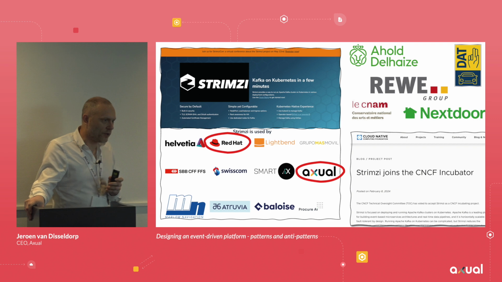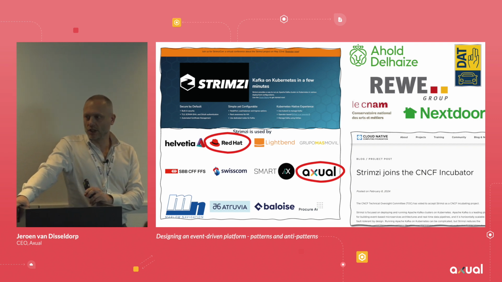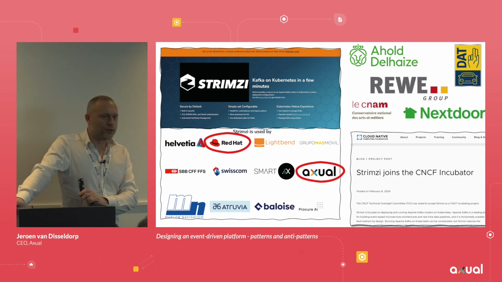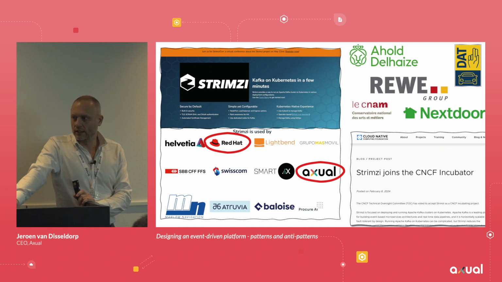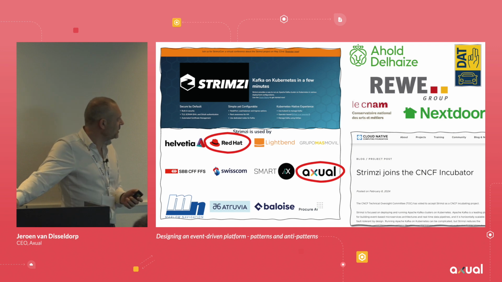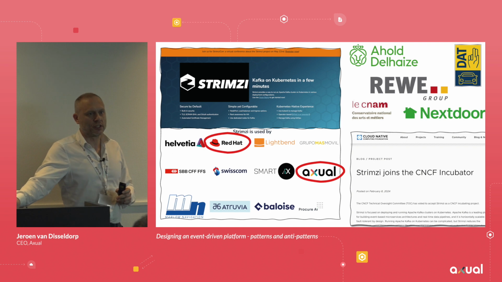I think by far the most relevant choice for open source Kafka at the moment is to use the Strimzi operator. Strimzi has surfaced as one of the leading operators in the market, and it has a lot of very nice properties that you also saw in Ruud's presentation about infrastructure as code.